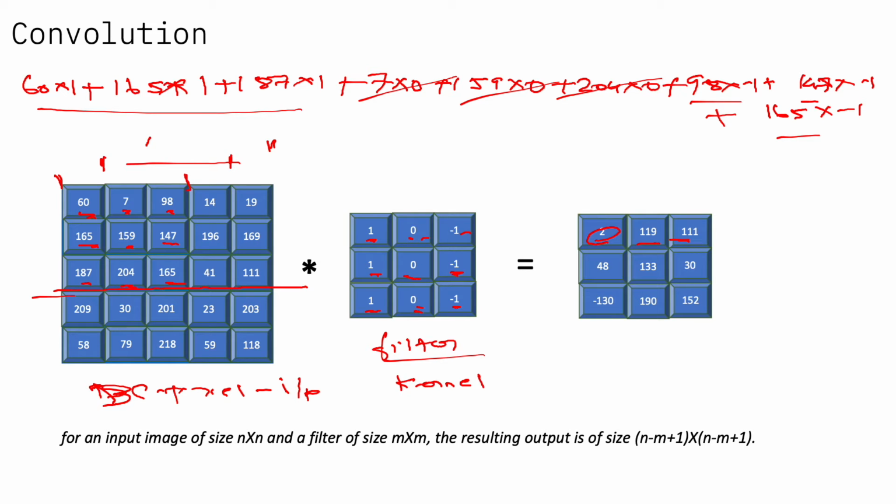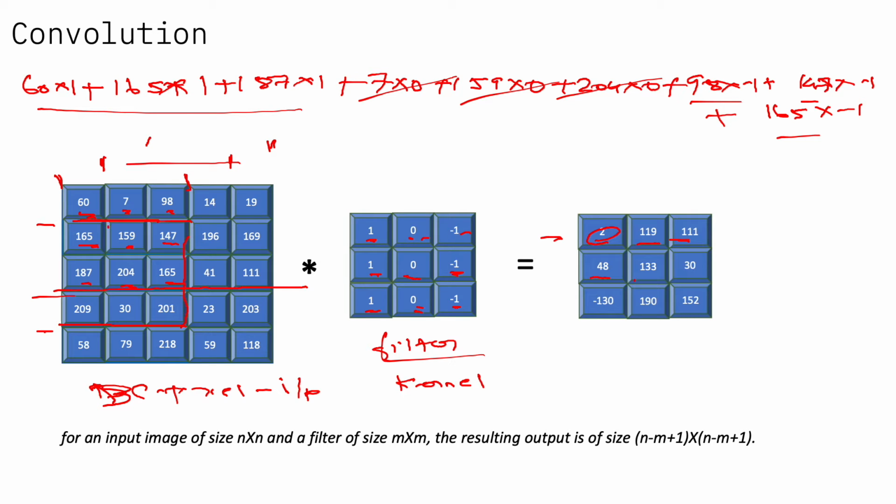And then after you finish populating the first row, we roll this filter down by 1 row. So now again, this filter is multiplied starting with the second row until the fourth row over here. The first pass would be this over here until here, and that's how you populate 48.